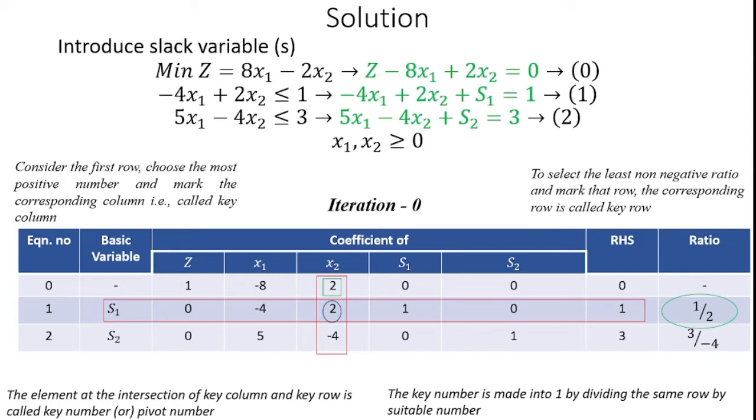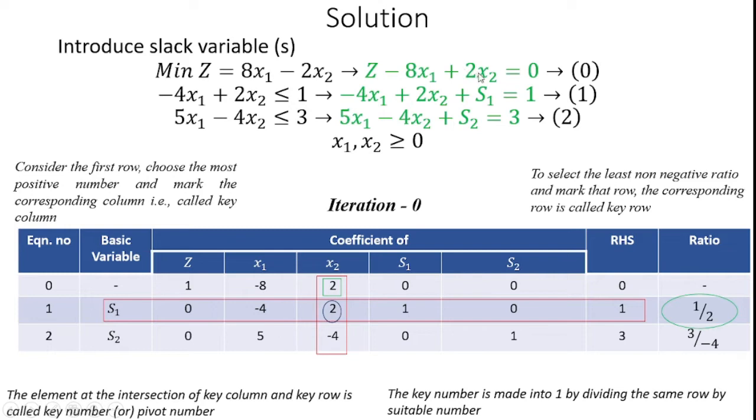Here the first one is z, second x1, third x2, fourth s1 and fifth s2. From this I can collect the coefficients of variables from the equation. For equation 0, the z value has a coefficient of 1, so I place a 1 in the respective cell. After that, in equation 0, x1 has minus 8 as a coefficient value, so I place minus 8 for x1.